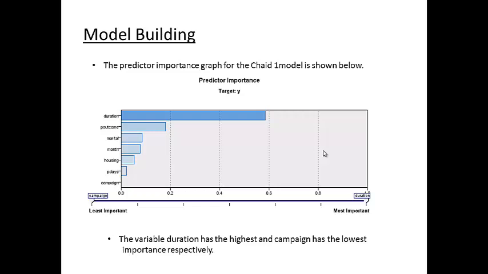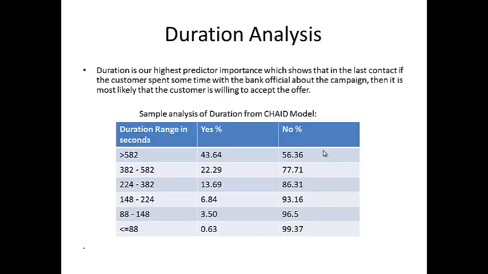Then model building. Here is our CHAID model predictor importance graph. It is also showing duration as the highest predictive importance, just like the logistic regression model. And here we have analyzed the duration from the CHAID model.